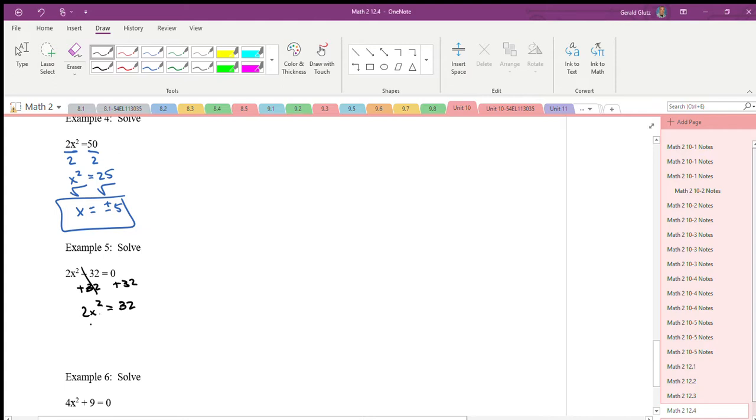I don't want that. The opposite of multiply times 2 is divide by 2. So x squared will equal 16. Now that x squared is alone, I can take the square root of both sides. So x is going to equal either positive or negative 4, plus or minus 4.